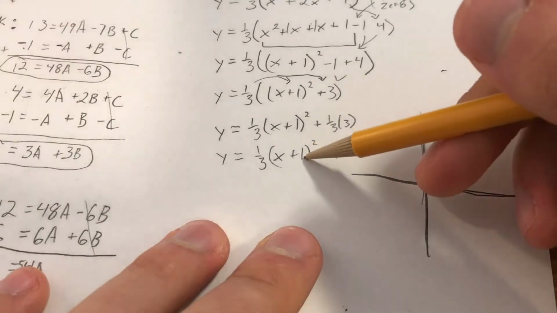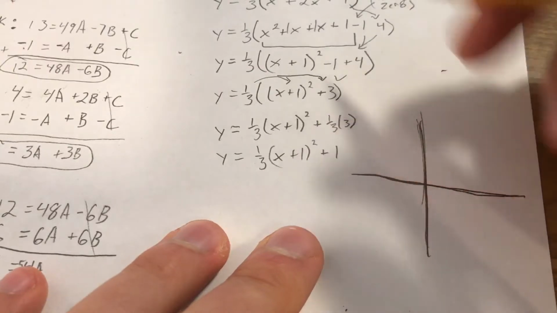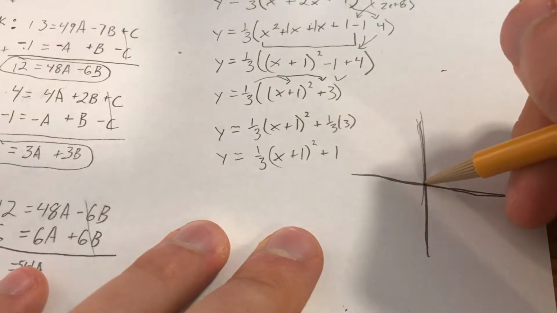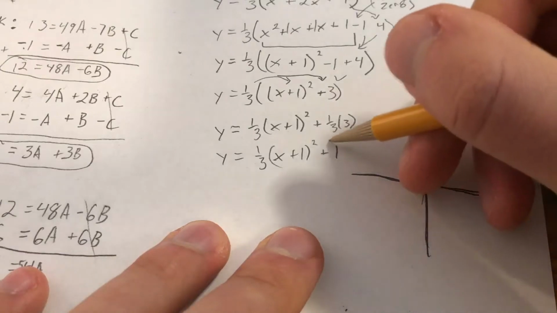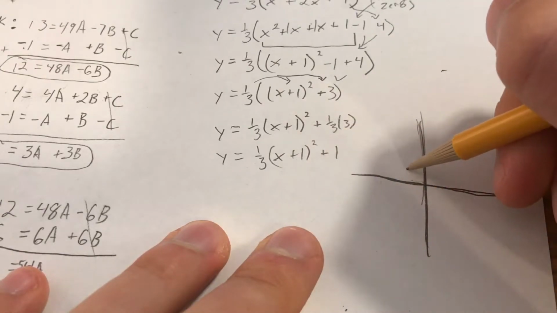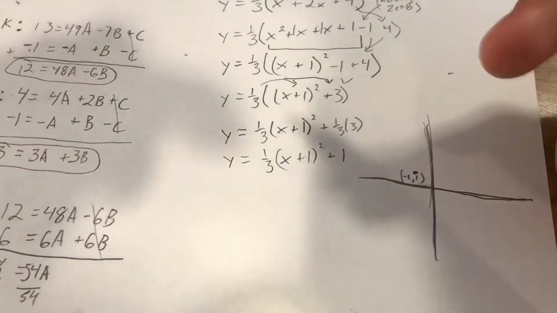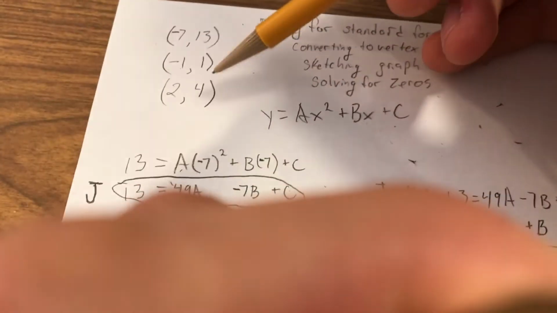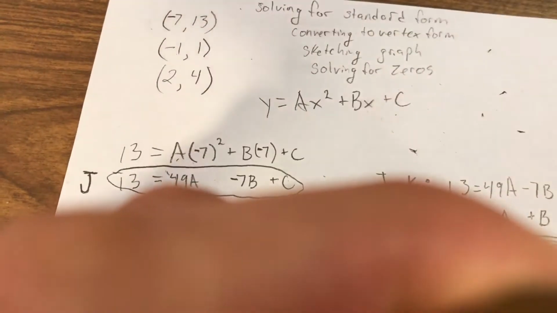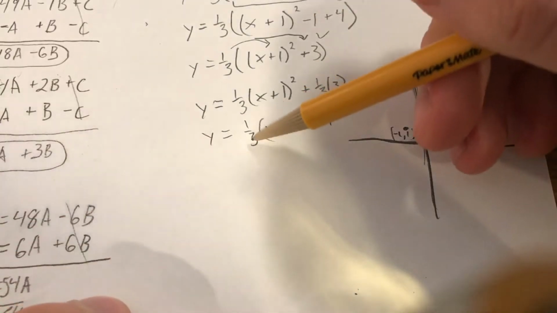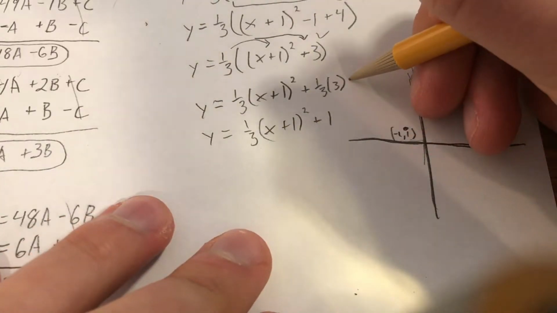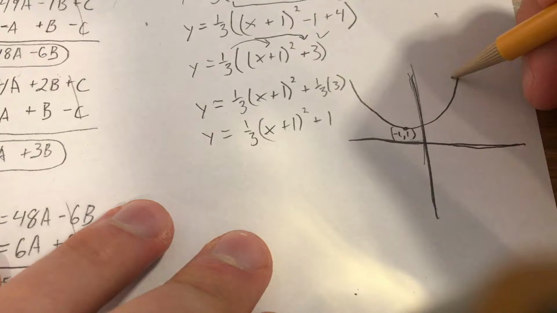I know that the x-coordinate of my vertex is going to be -1, and my y is going to be +1. We know definitely works, because we already know that -1, 1 is going to be in here. And we know since this is a 1/3, it's going to be a bit wider than normal, so it's going to look something like this.